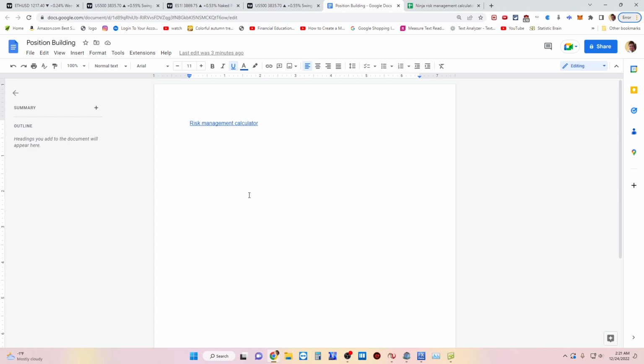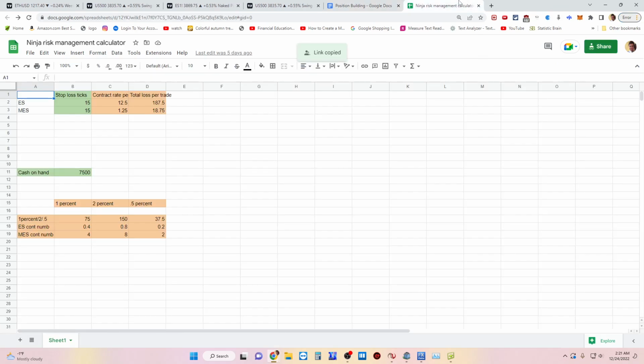For example, but first you need to have a risk management calculator. You need to know how many micros specifically. If you were to do a stop loss of 15 ticks, depending on the broker you're using, if it's pips or whatever, you need to know specifically what the risk of your stop loss is.